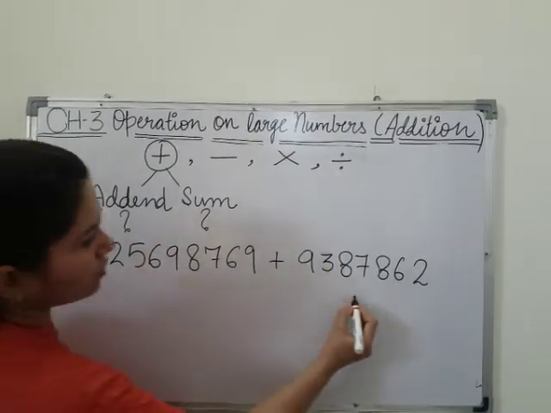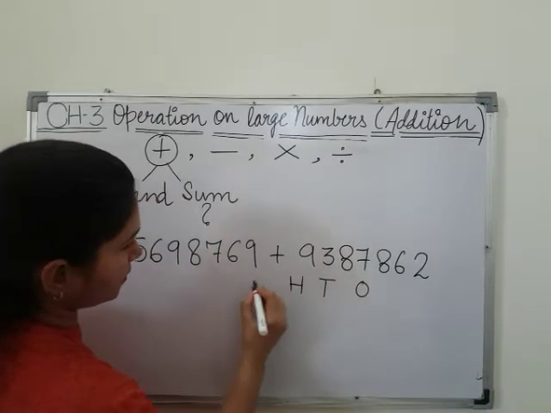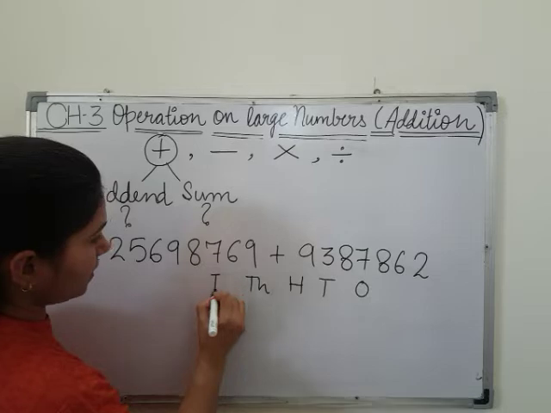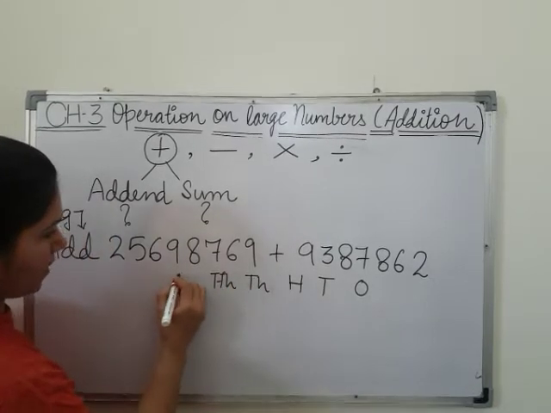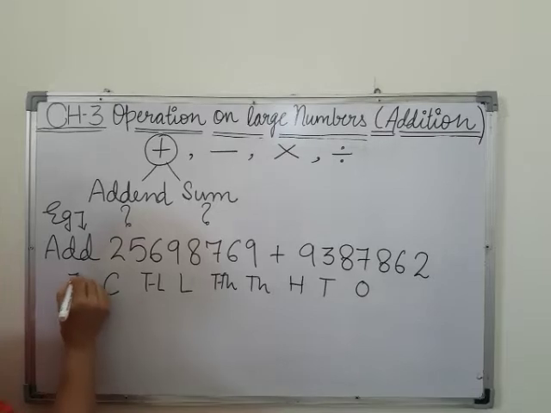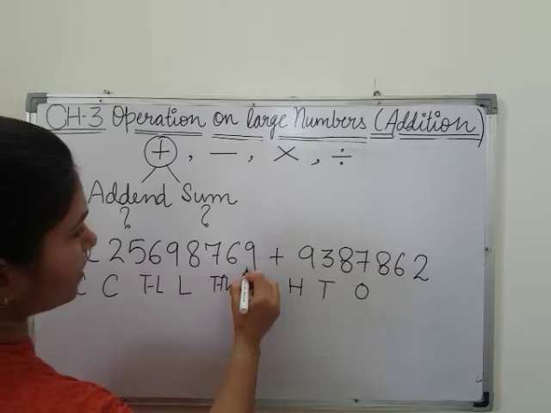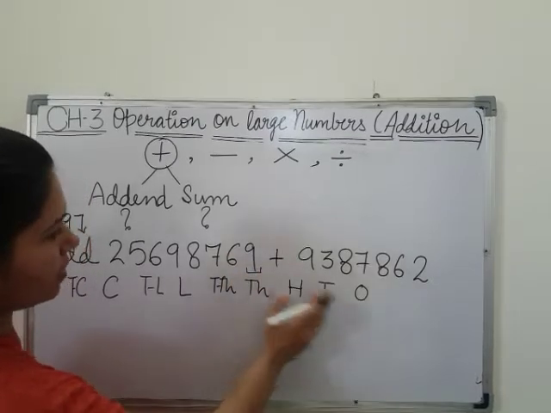First we write the places: ones, tens, hundreds, thousands, 10,000s, lakhs, 10 lakhs, crore, 10 crore. We place the digits from the rightmost place according to their places.